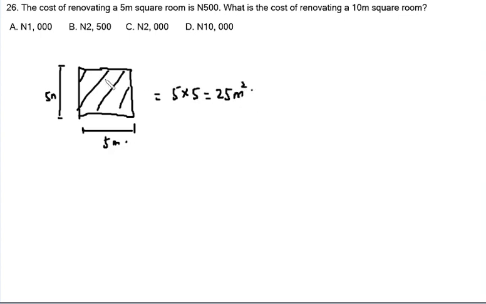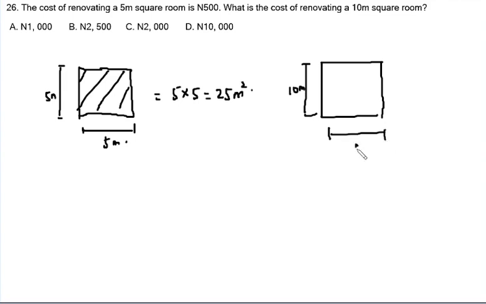So to renovate a 10-meter square room, let's just say this is 10 meters, 10 meters, and this is 10 meters. That means the area of this is equal to 10 times 10, which is equal to 100 meters square in area.